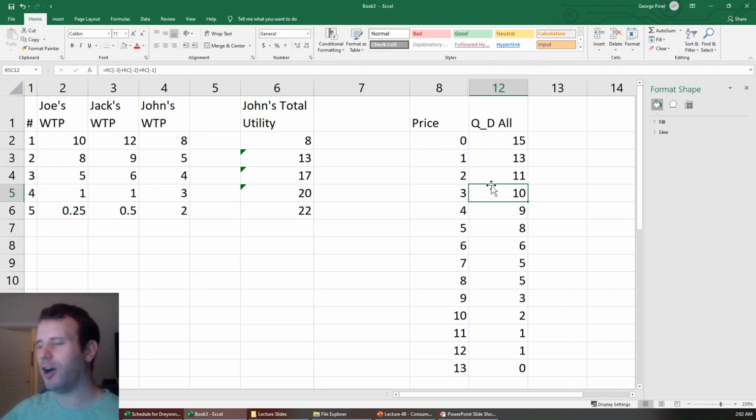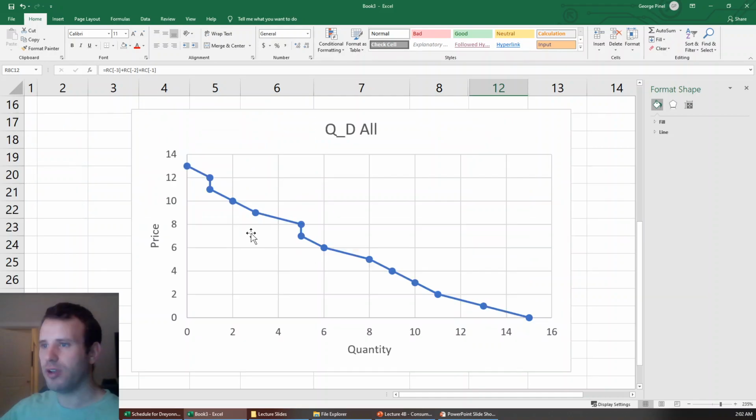But if I go from 3 to 6, price changes from 10 to 6. That is a shift along the demand curve. We still have the exact same relationship here. We're moving from price equals 3, which is this guy here, to price equals 6, which is this guy here. Same demand curve, nothing's changed.